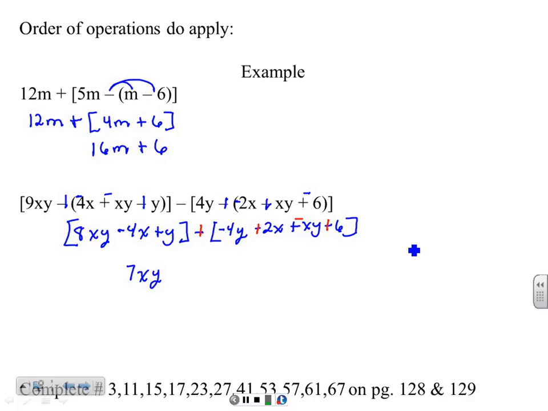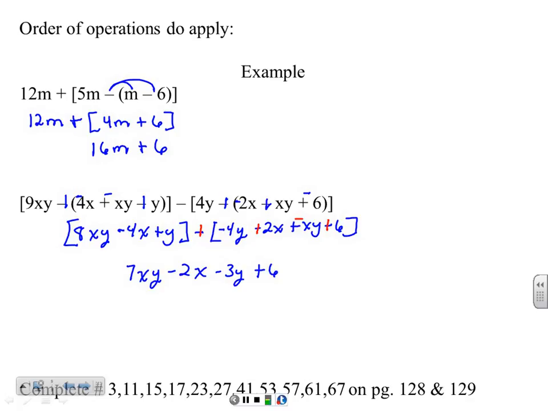Alright, so now we have a negative 4x and a positive 2x, which is going to be a negative 2x. And then I have 1y and negative 4y, which is going to be negative 3y. And then I have the plus 6.